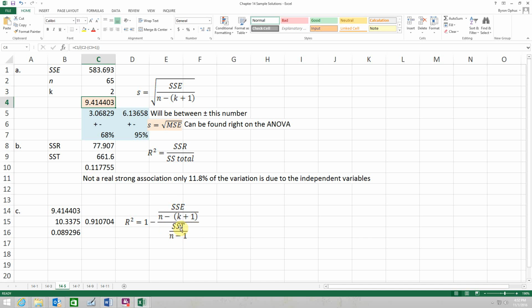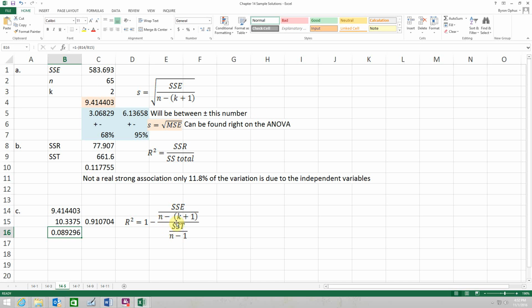Plus the SS total, which I have here, divided by n minus 1. So I can say this is equal to my SST, divided by, better use parentheses here, n minus 1.